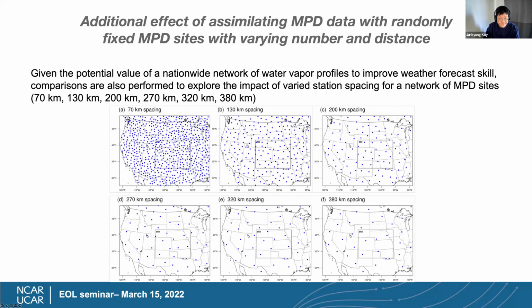So in this figure, the simulated MPDs are deployed at random locations, giving a range of distances from 70 kilometer spacing to 380 kilometer spacing. The total number of MPD sites is about 600 for the 70 kilometer spacing, and about 30 MPD sites for the 380 kilometer spacing.